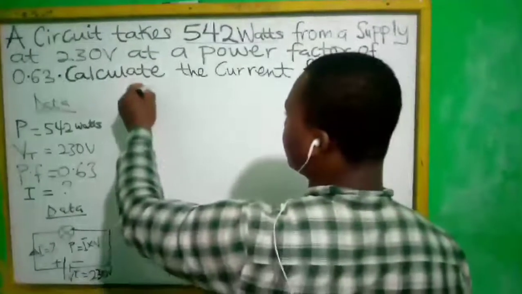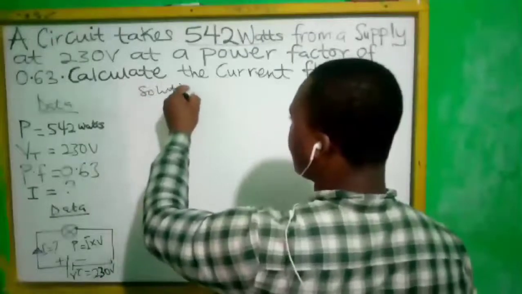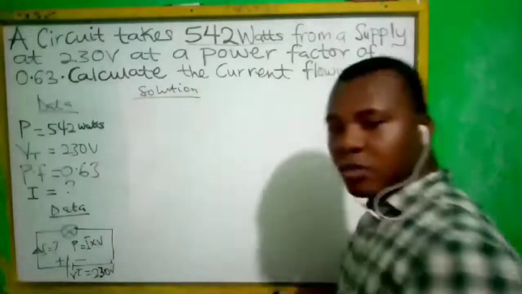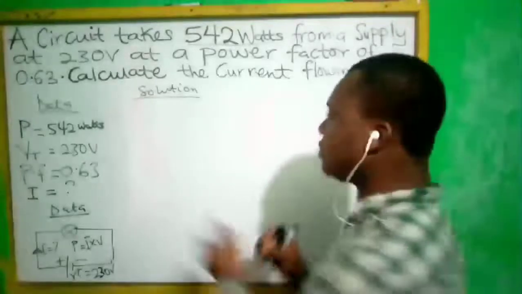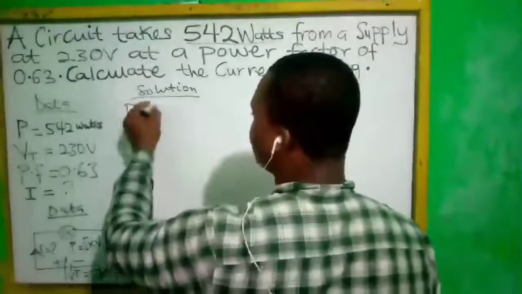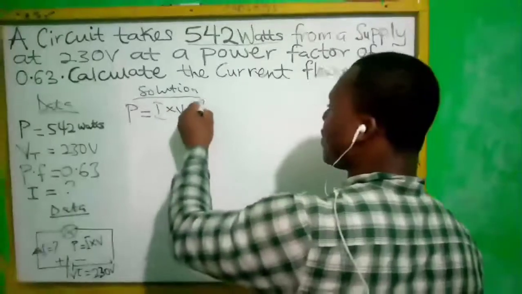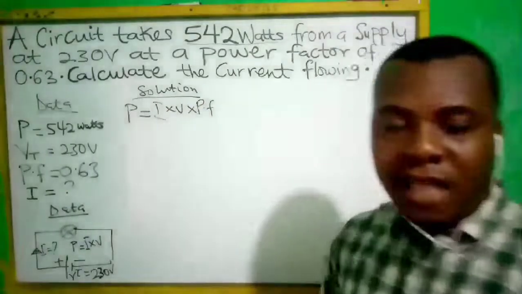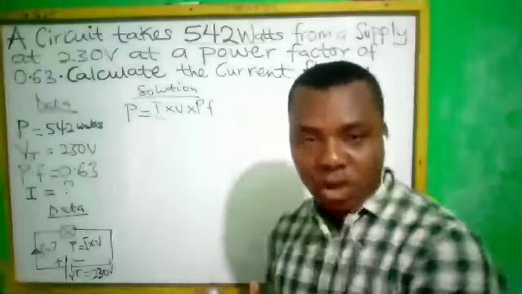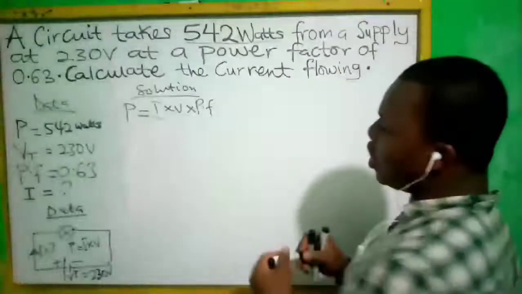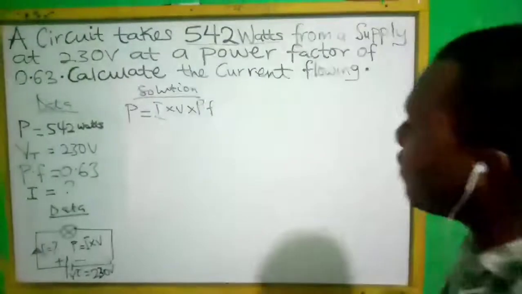So, solution: we have to bring the formula for finding power. So power equals current times voltage times power factor, which we can also write as current times voltage times cos. All right, so in this case, let's put the values.